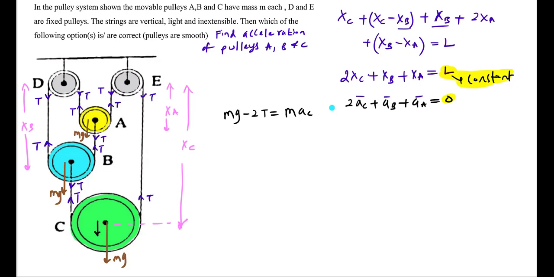Let the acceleration of this be ac, acceleration of this ab, and let the acceleration of this be aa. Then for this pulley B: mg plus T minus 2T equal to m ab, or this will become mg minus T equal to m ab.